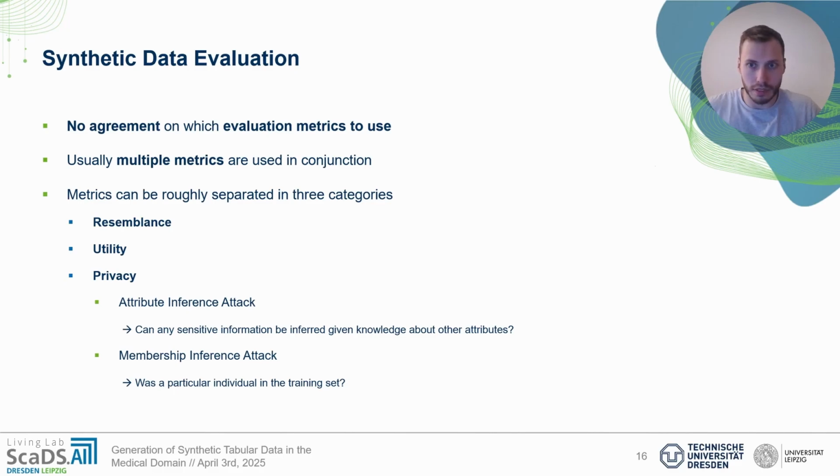So that would mean if the patient is inside, then we know that the patient has AIDS. And this is usually done with distance to the closest record. So we are computing distance to all the records and then define a threshold. And if it's under that threshold, we assume that this patient might have been in the training set.